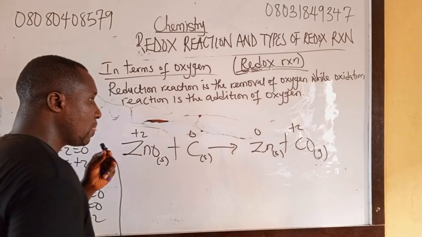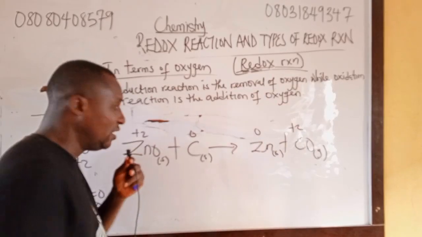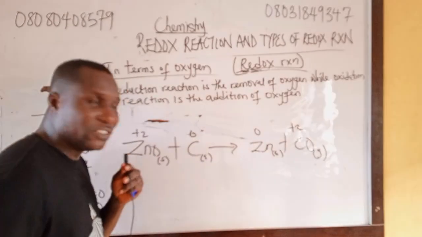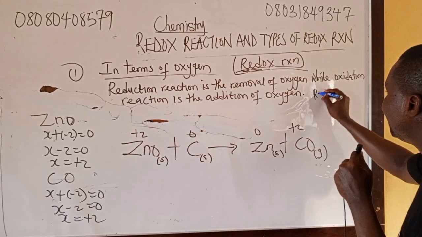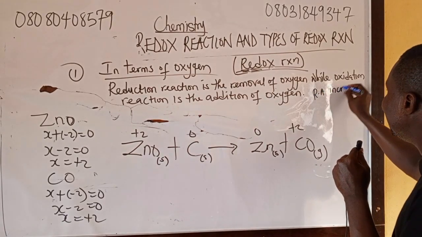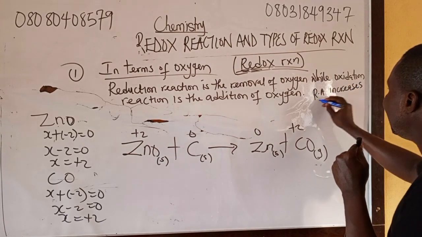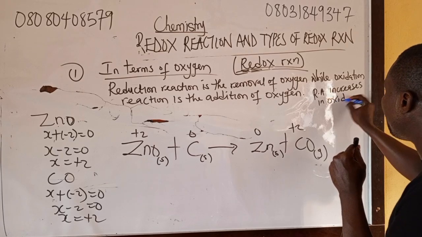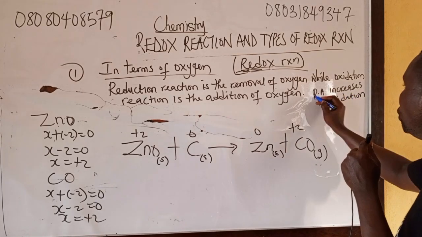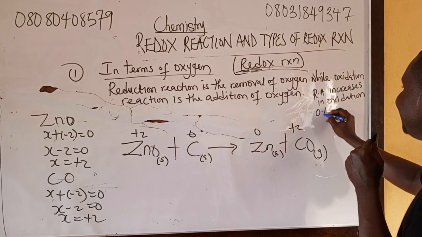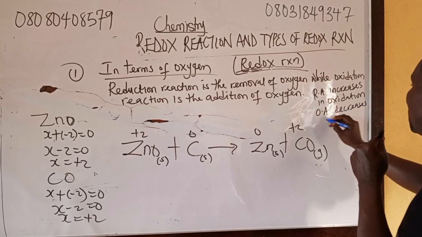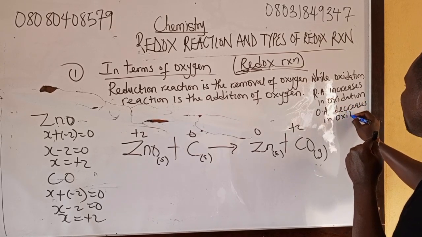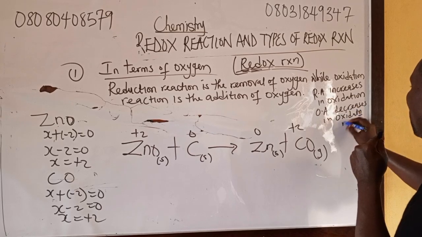Then look at this. Which one is the reducing agent, and which one is the oxidizing agent? Don't forget, I told you the reducing agent increases in oxidation number, and the oxidizing agent decreases in oxidation number.